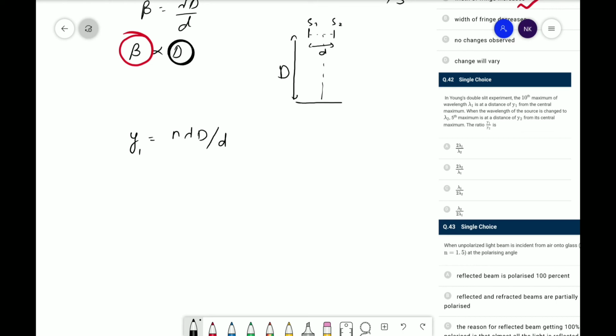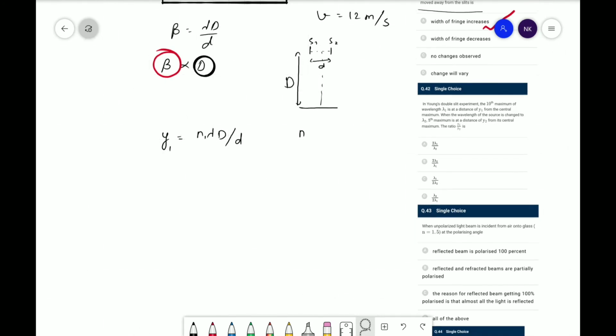Therefore, y1 is equal to n1 lambda D upon d. The value of n1 is equal to 10 and n2 is equal to 5. Therefore, y1 is equal to 10 lambda D upon d, and y2 is equal to 5 lambda D upon d.